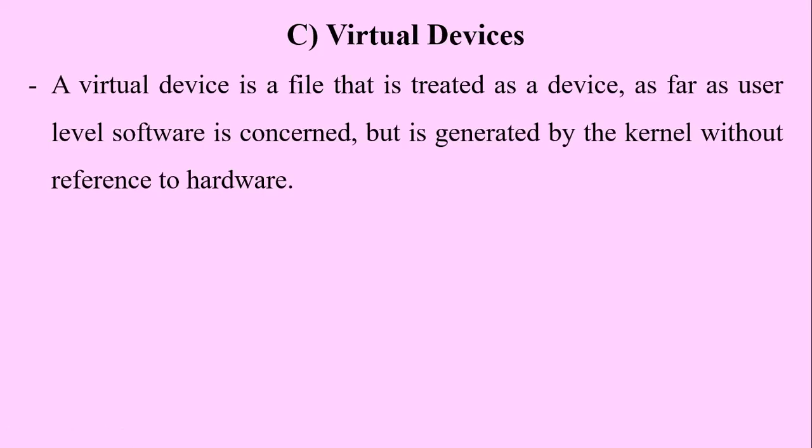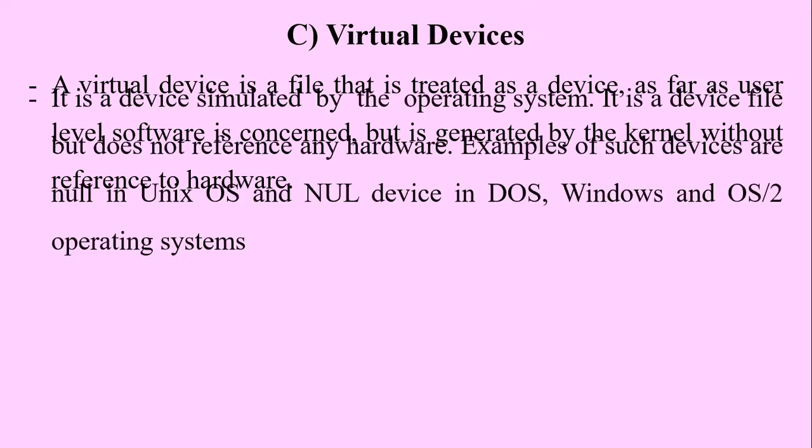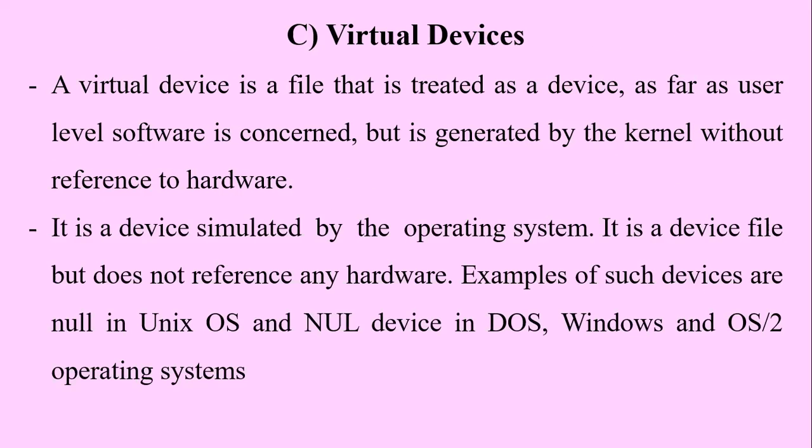Let us now focus our attention on virtual devices. A virtual device is a file that is treated as a device as far as user-level software is concerned, but is generated by the kernel without reference to hardware. It is a device simulated by the operating system.